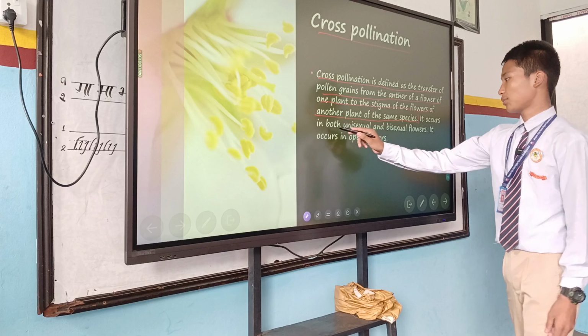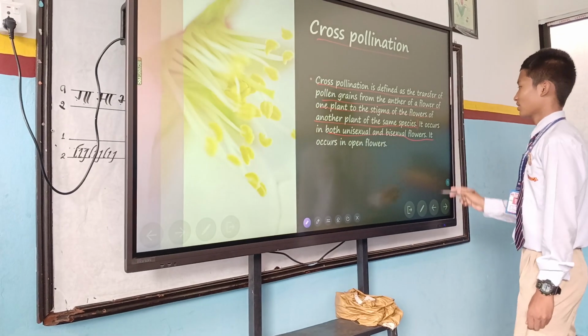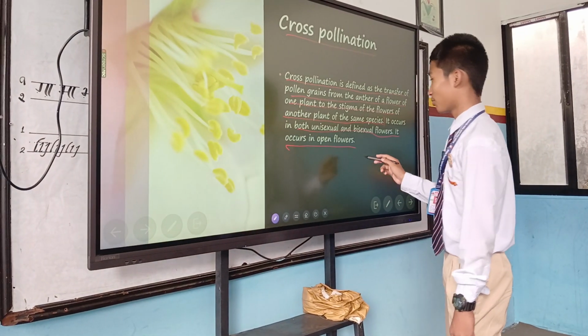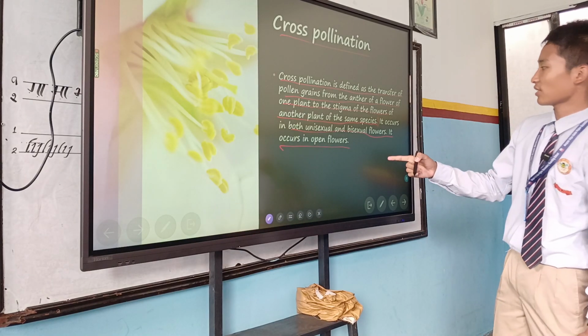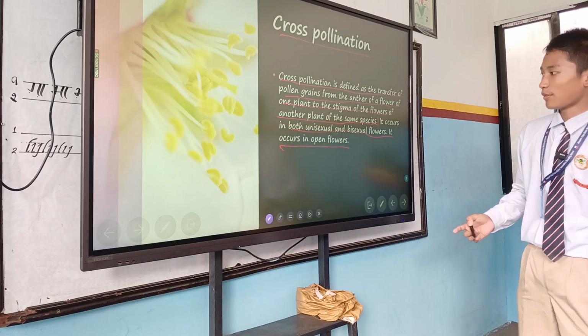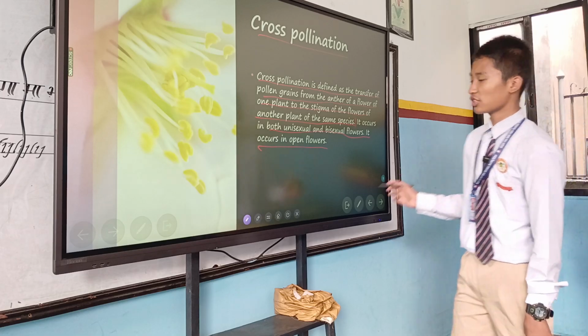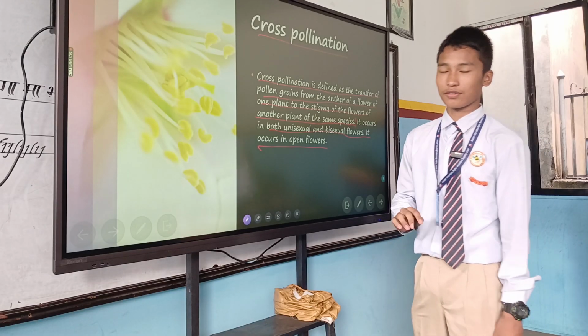It occurs in both unisexual and bisexual flowers. It mostly occurs in open flowers and not closed flowers.